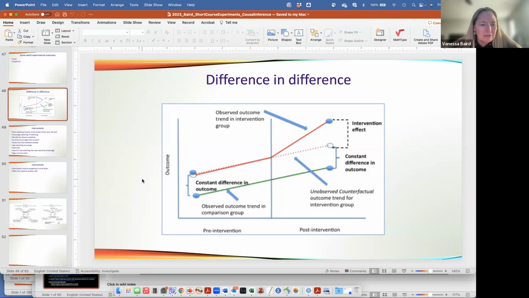Okay, so I thought I would just talk for a minute about some other causal inference methods. I don't know what the background of students is in causal inference methods like instrumental variables and that kind of thing.